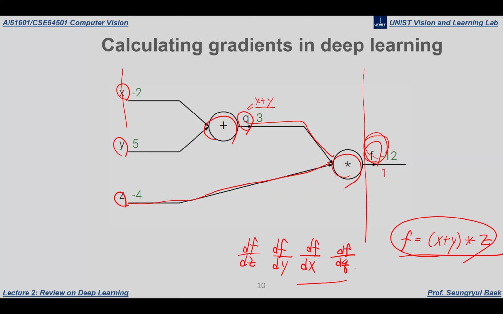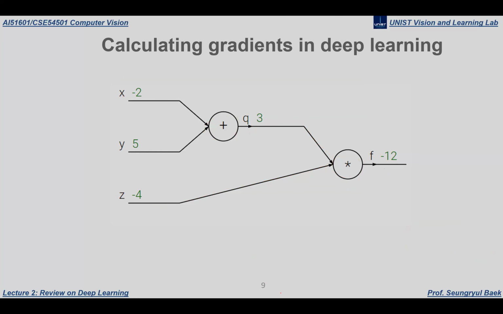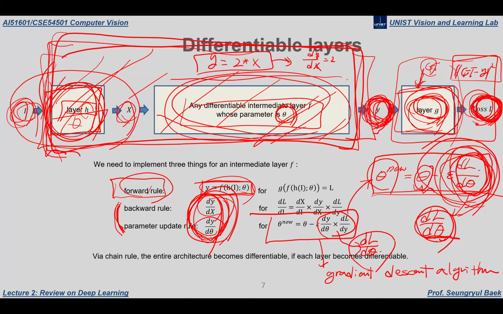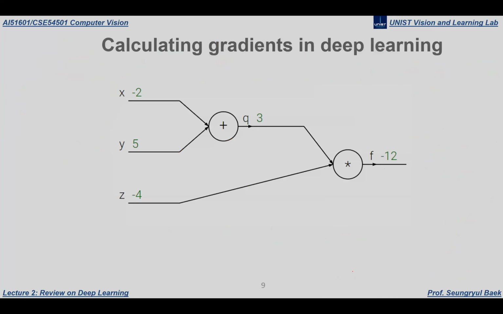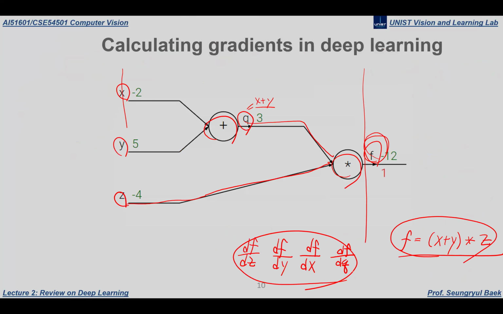Okay, and if you can calculate this, that could be used for calculating dL/dθ for the entire deep learning network, okay? And using that step-by-step calculation technique, you can get this dL/dθ and update any parameters inside the deep networks, okay? So this type of rule is important. And actually, we call that the backpropagation algorithm, okay?